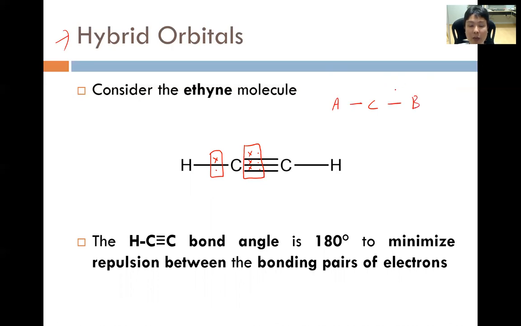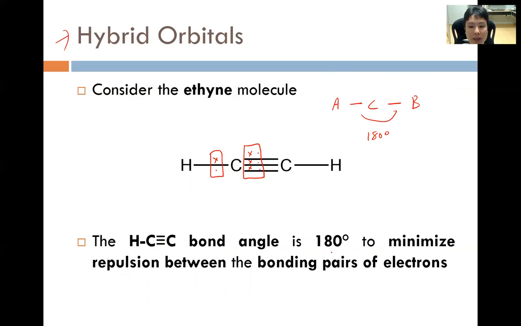There is no way that you can place A and B in another configuration such that A and B are further away than this 180 degree separation. As a result, if you have 2 electron domains, the geometry around this carbon must be linear, and around this one must also be linear, and hence the entire molecule is linear in shape.